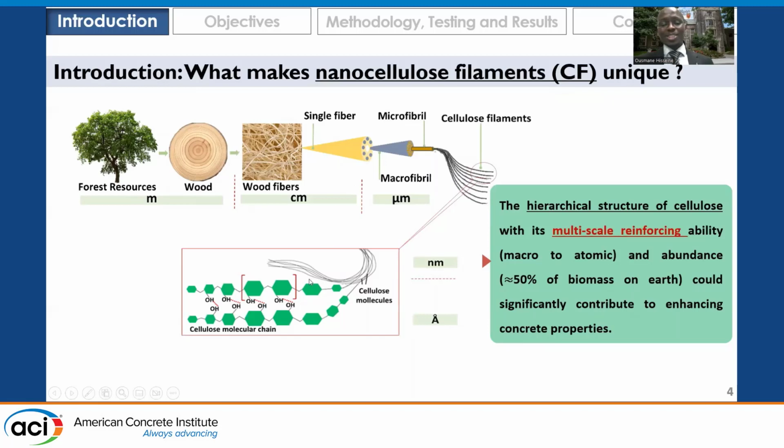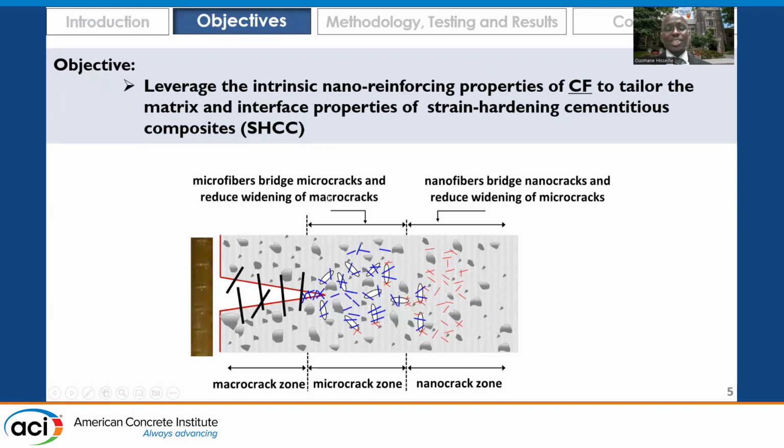A reinforcing ability that spans several length scales from the atomic level upward to the metric level scale, the tree scales. So the idea is to leverage the reinforcing ability of nanocellulose to make strain-hardening cementitious composites more ductile by imparting a nano-reinforcing mechanism that makes these SHCCs more like multi-scale reinforcing.